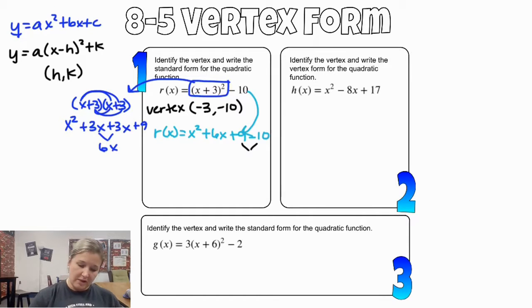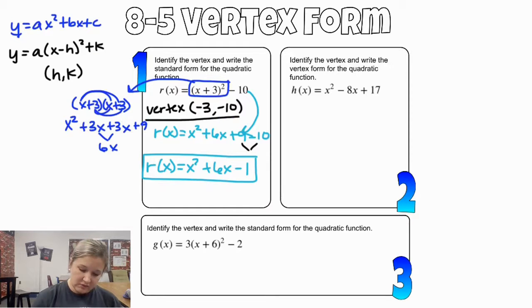So going to standard form, r of x is equal to x squared plus 6x minus 1. That's 9 minus 10, and this is my standard form. I wanted you to identify the vertex first. Remember, that's easy, I can just look at the function. Boom, that's my vertex. And then go to standard form. That's going to be super helpful when looking at the vertex for the next problem.